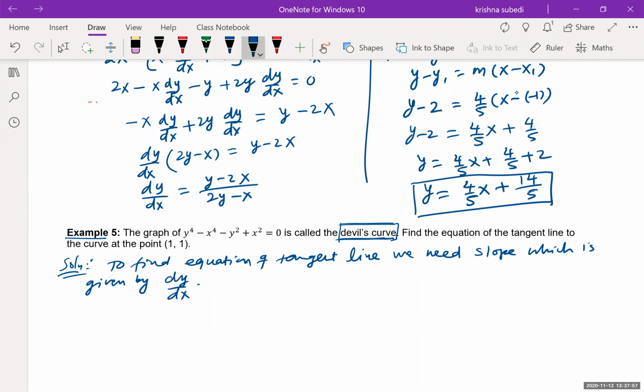So we want to differentiate both sides with respect to x to find dy over dx.